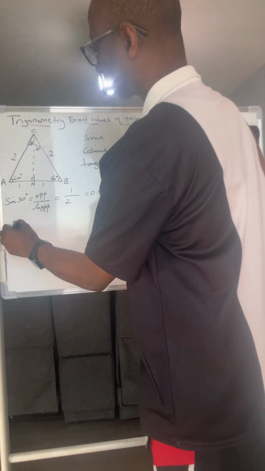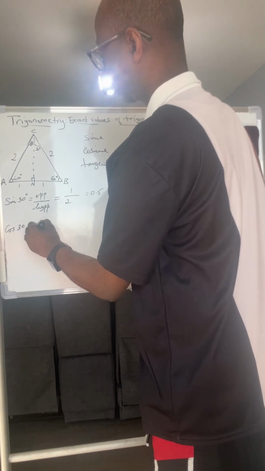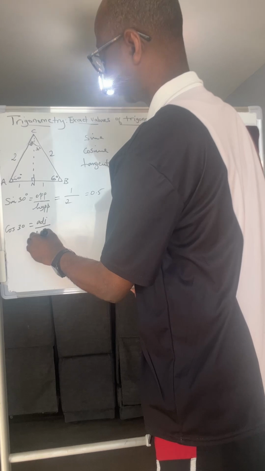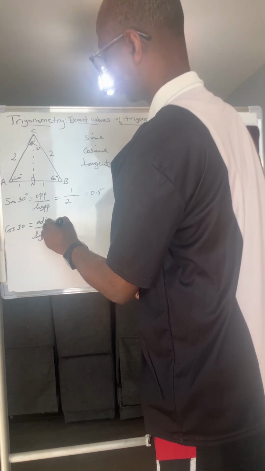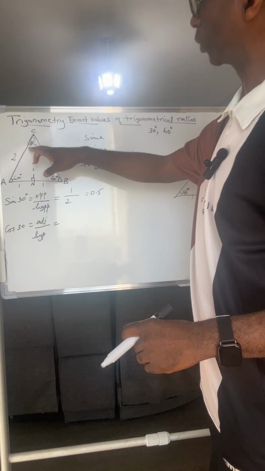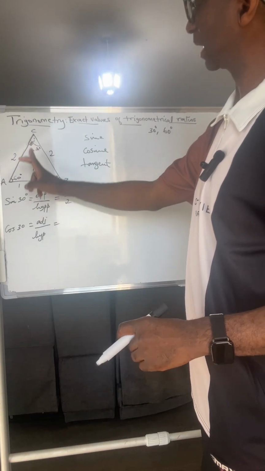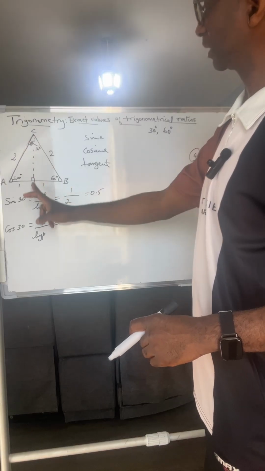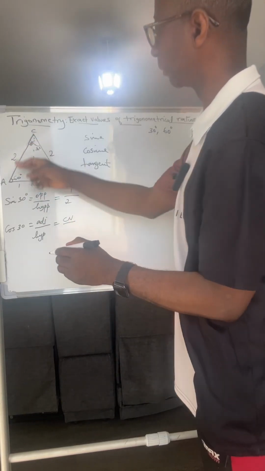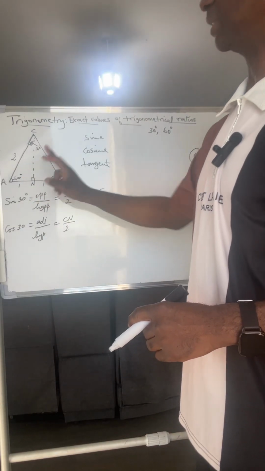So what about cosine of 30 degrees? We know it's the adjacent side all over the hypotenuse. I'm still looking at this 30 here. So the cosine is the adjacent to the angle. What is the adjacent to the angle? We look at CN. CN all over the hypotenuse, 2. What is CN?